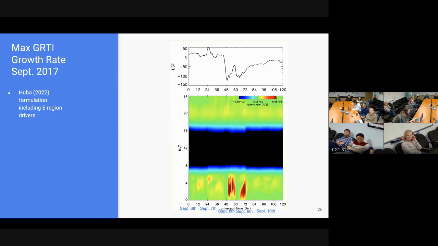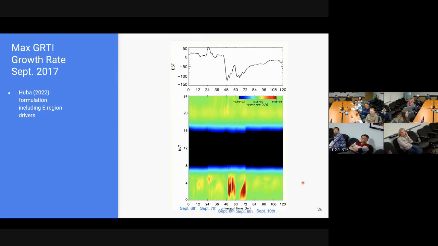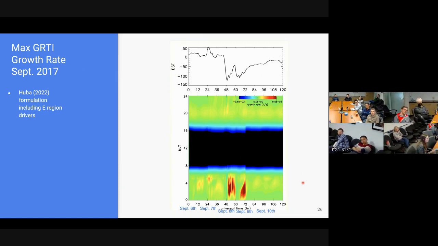So we have local time on the y-axis, and UT or model time on the x-axis, and then this is just the Dst for comparison. And this is the formulation, like I said earlier, using both the E and F region drivers to make sure we're fully capturing the effect of the electric field.